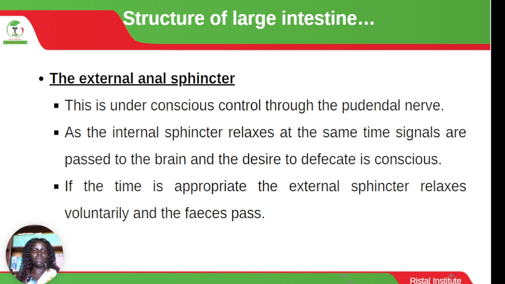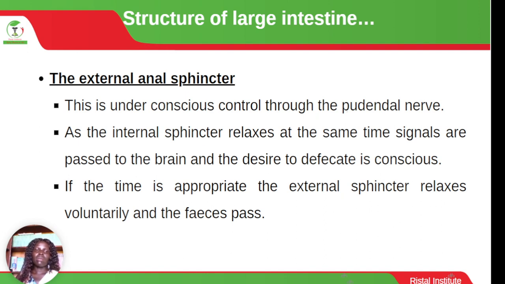The external anal sphincter is under conscious control through the pudendal nerve. As the internal sphincter relaxes, at the same time signals are passed to the brain, and the desire to defecate is conscious.